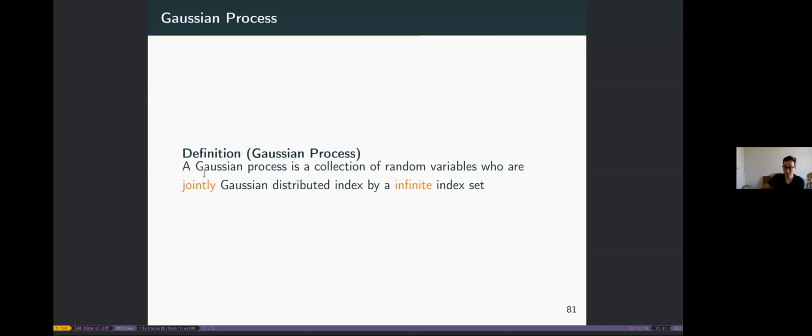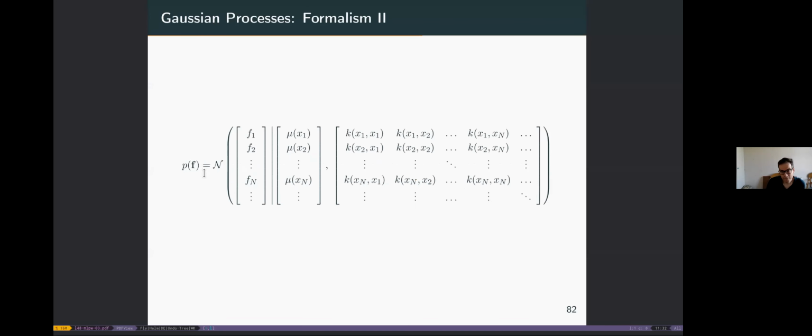That's that each of the function values follows a joint Gaussian distribution. And this collection is indexed by an infinite index set. The index set that we've used so far is the real line.